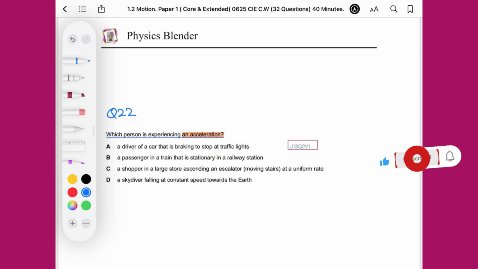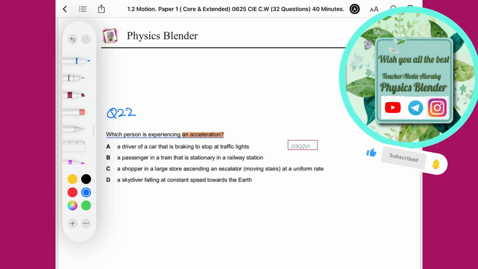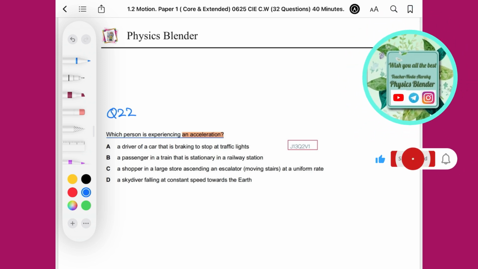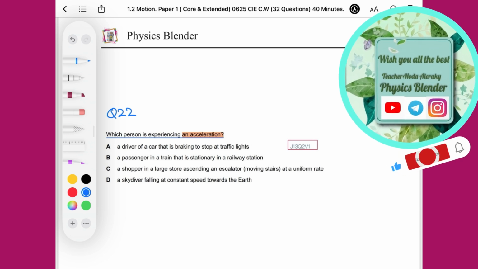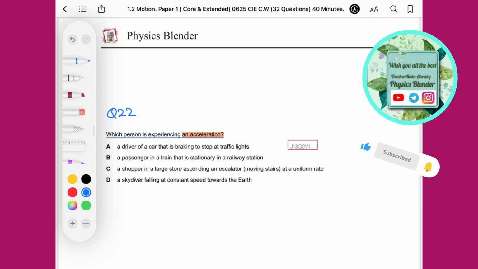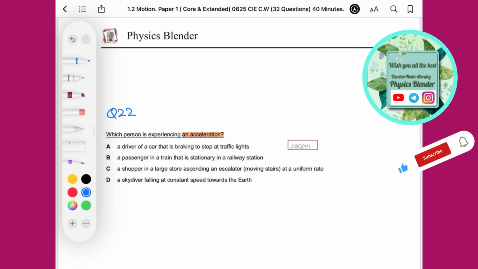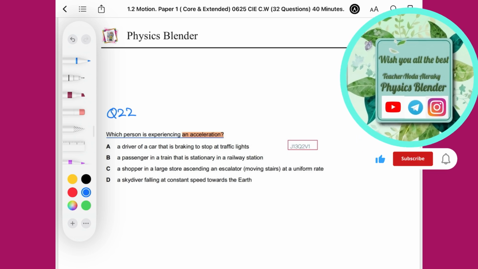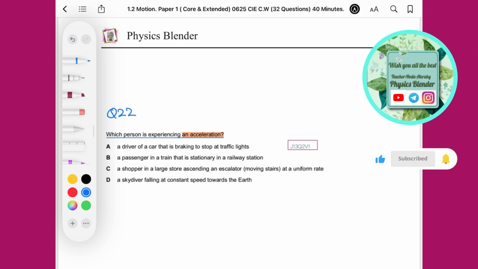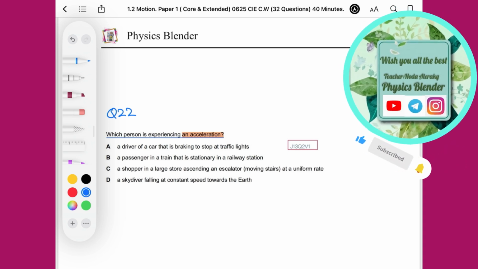Question 22. Which person is experiencing an acceleration? A, a driver of a car that is braking to stop at traffic lights. First of all, if you are a driver, since the car is moving, you have the same speed as the car. Here, a driver is braking to stop the car.